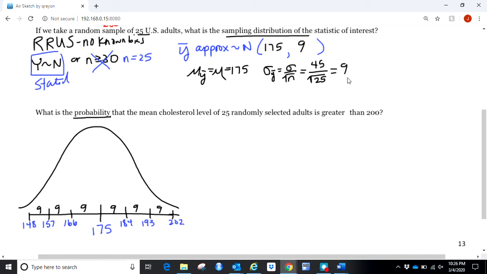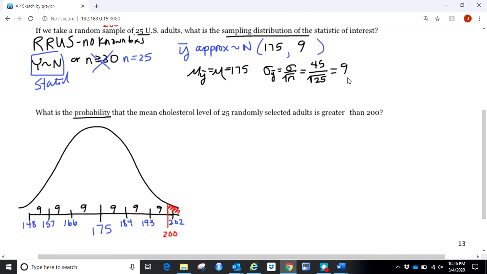So the idea might seem similar, but our scale is different than the one we had above, since now we're working with the mean cholesterol level of 25 adults. But our goal is still trying to find greater than 200. Now 200 is over here, and we're still shaded right due to the greater than part.